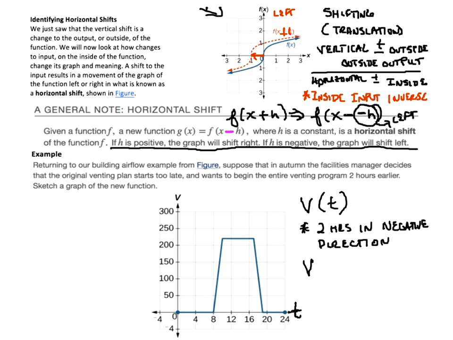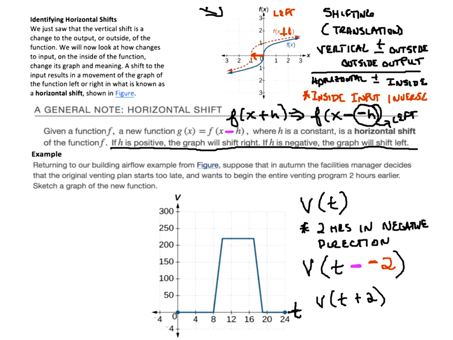So this has to become V of t. Don't forget, minus is in the form, but I want to shift it in the negative direction 2 hours. I want it to go earlier, 2 hours. So there's my new function: V of t plus 2.